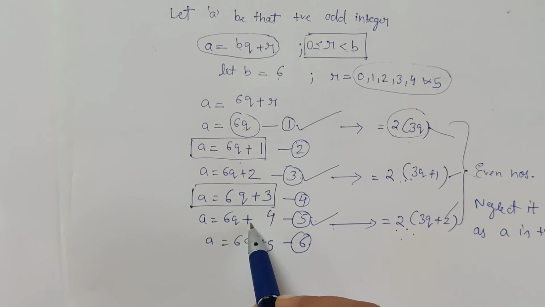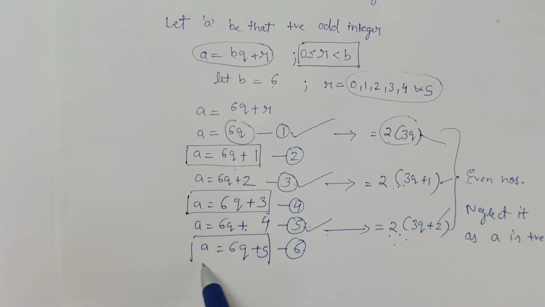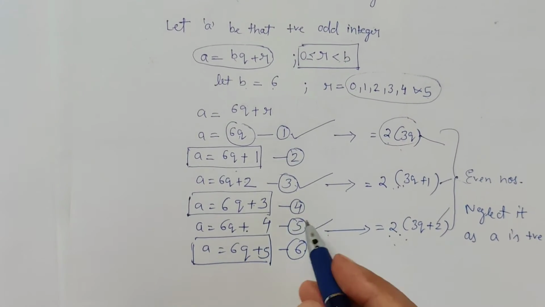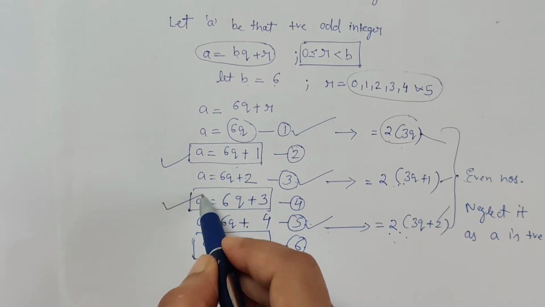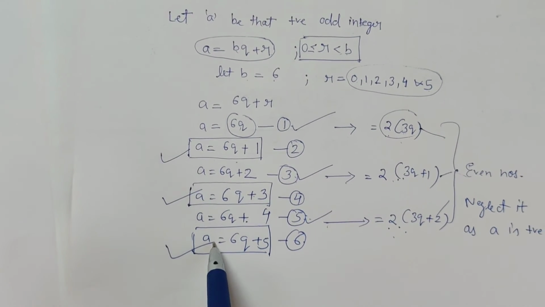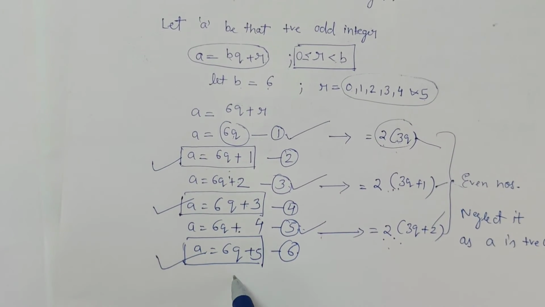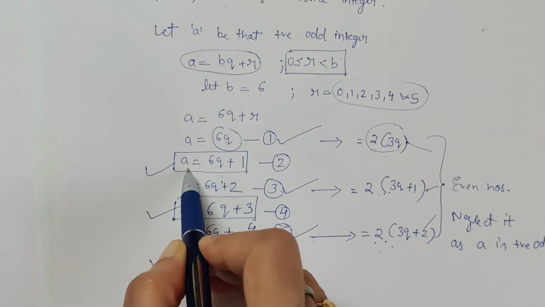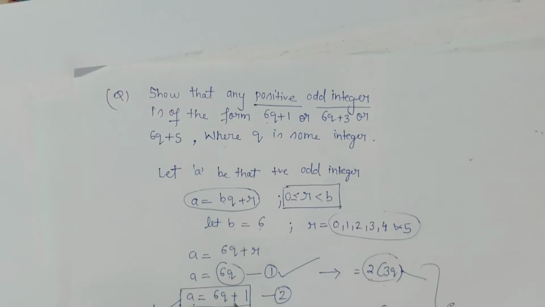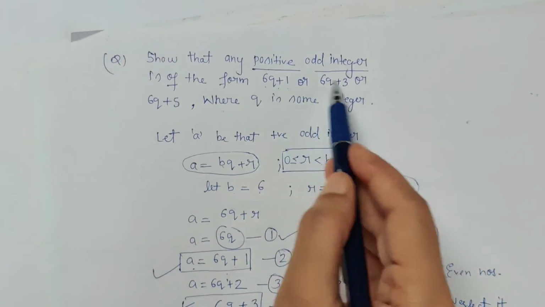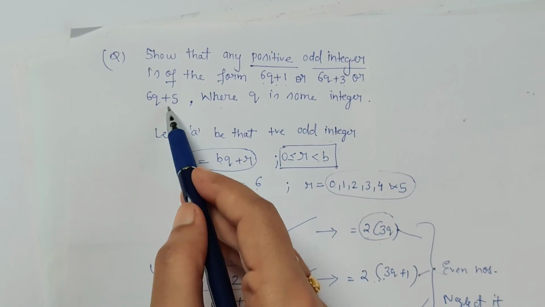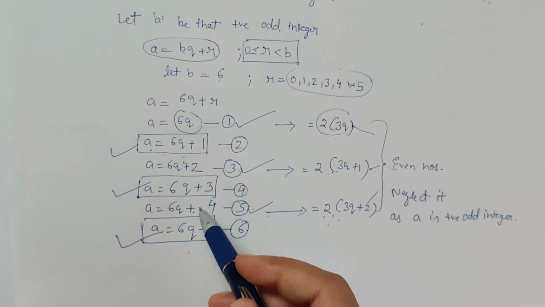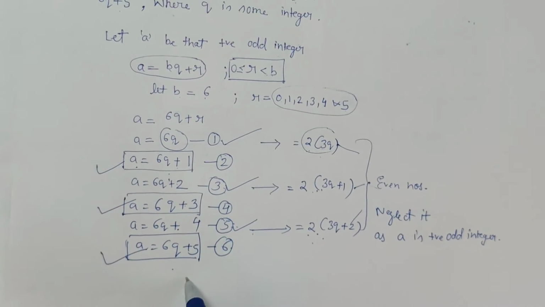The left out equations are these, and this is what we had to prove in the question, that any positive odd integer can be written in the form of 6q plus 1, 6q plus 3 or 6q plus 5. So this is how it is to be proved.